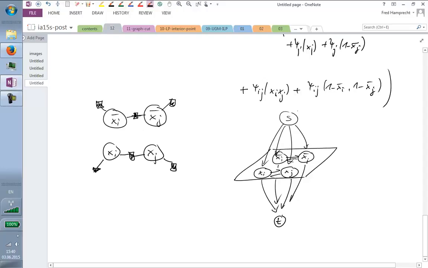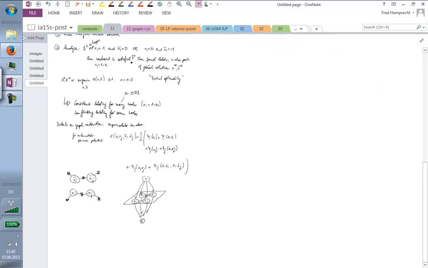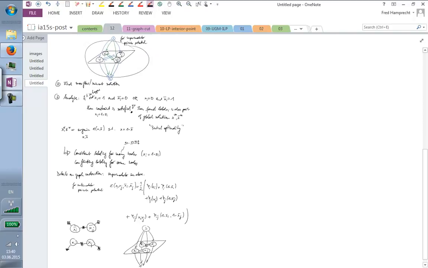Now, when we have in our graphical model a mixture of sub and supermodular potentials, then we get a bigger flow graph, which is a mixture between this type of parallel flow connections and this type of crossover flow connections. And then we can solve the max flow min-cut problem on the combination of these two.